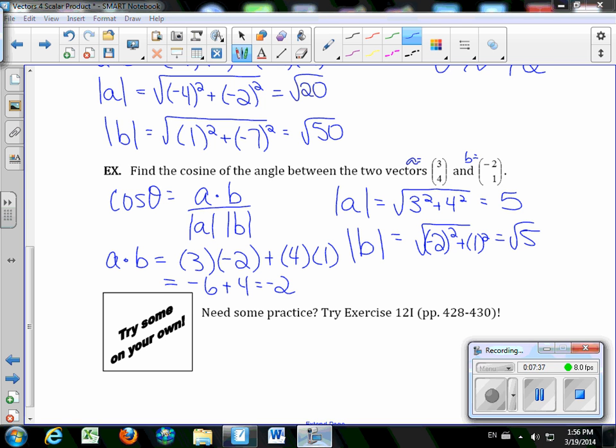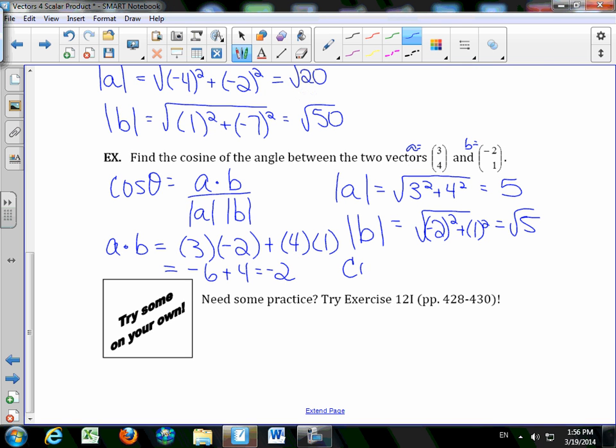Plugging into the formula, we get cos theta equals, the dot product was negative 2 over A times B, which is 5 root 5. This time we need to rationalize because we haven't simplified here. So if I multiply by root 5 over root 5, I'm going to get negative 2 root 5 over, what's the bottom? 25.